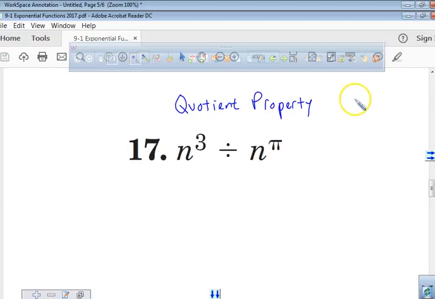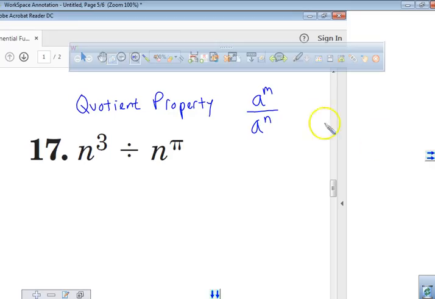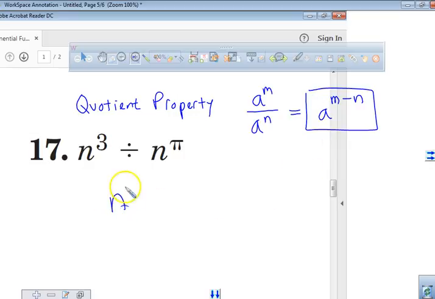Now, the quotient property states a to the power of n over a to the power of n. This is where you do what with the exponents? You're allowed to do what? Subtract. Which means, if I have n cubed, also known as n to the power of 3, divided by n to the power of pi, that cannot be simplified to a nice, neat answer.